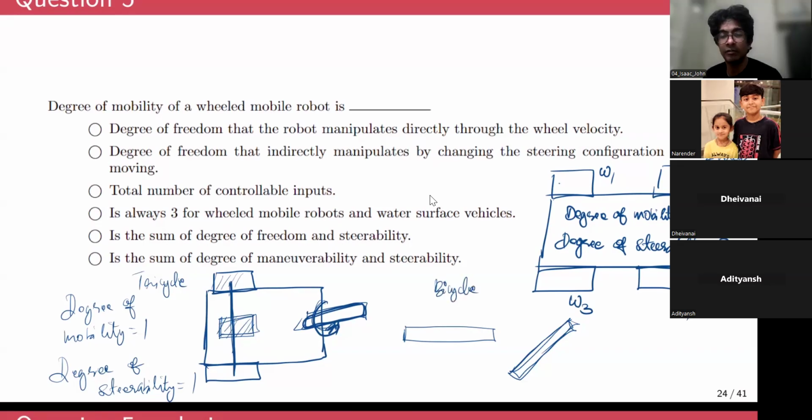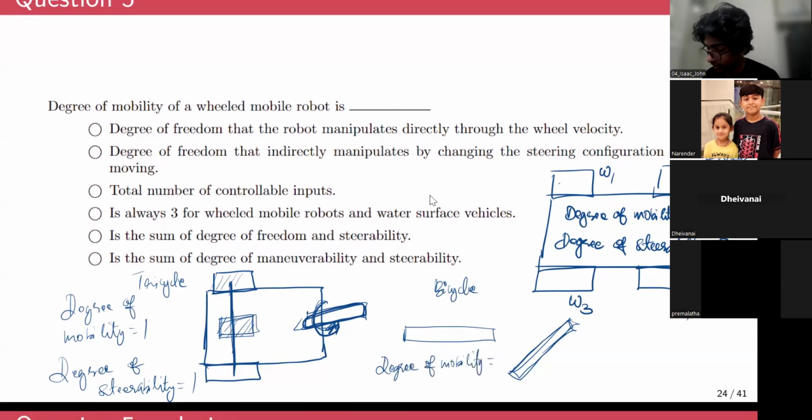So what is the degree of freedom of a bicycle? Sorry, degree of mobility. 1. It's 1. Yes, correct. Because we are giving one input that directly manipulates the wheel velocity. We are pedaling the rear wheel, which directly changes its rolling velocity.